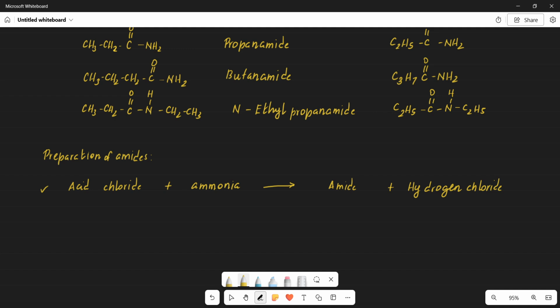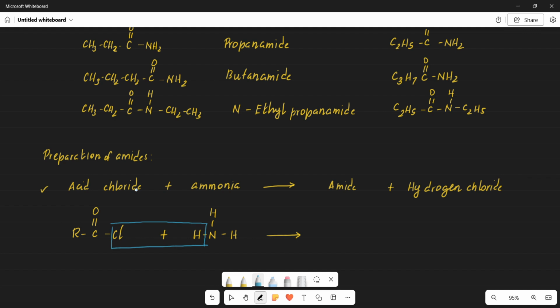So in general, R can be any alkyl group, C double bond O Cl. This is acid chloride. Ammonia, we know NH3. Now what we are going to have is, this hydrogen chloride removed.